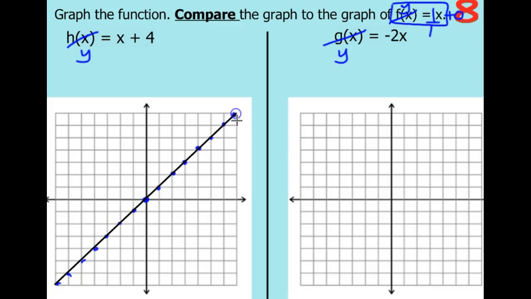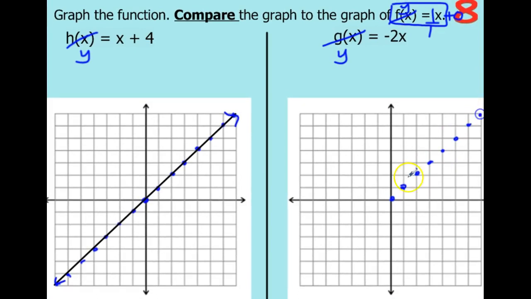We're always going to compare to that line. While we're at it, I'm going to graph this parent function on my other graph as well, starting at 0, and my slope is rise 1, run 1. And same thing over here as well. This is one that you could maybe memorize to make your life a little easier. There's our parent function.